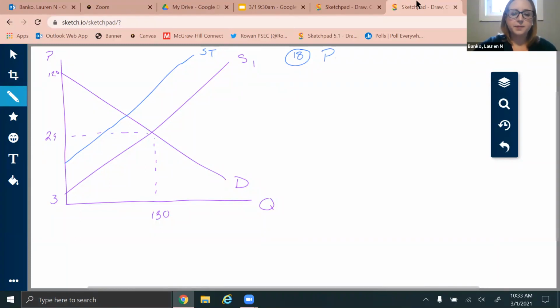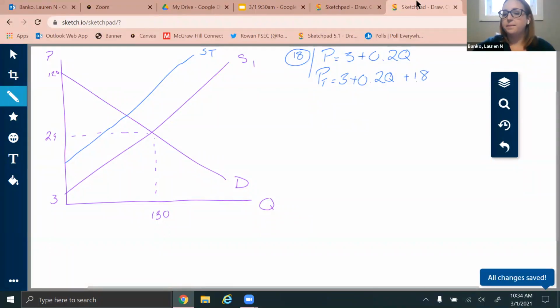Now, the original inverse supply was 3 plus 0.2Q. And to get the tax supply, I'm going to just put PT to indicate tax. All we do is add the 18 onto the inverse supply. So just to simplify a little bit, 21 plus 0.2Q.